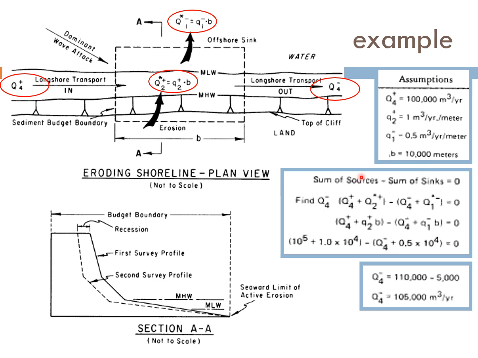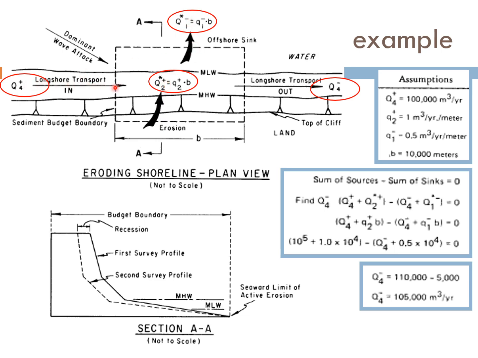So we can apply the sediment budget concept by summing up the sources and the sink and work out what is the net change in this domain. In this particular case, the influx from the cliff and the outflux to offshore is given.